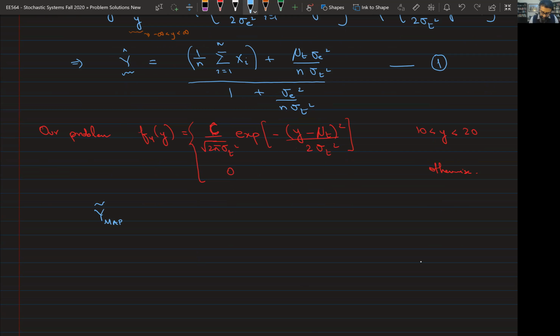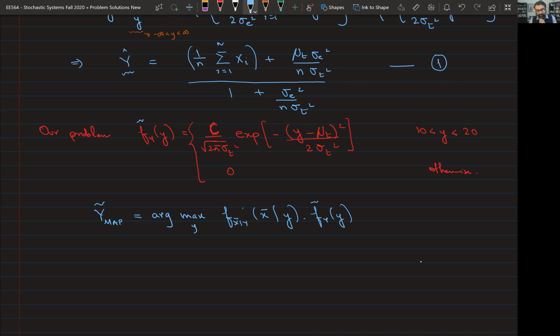So this is still the argument maximum over y of f of x given y, evaluated at the observations that you made, multiplied by the prior that you have. Let me call it tilde so that it is different from the prior you had earlier. And we see that the shape is exactly the same.